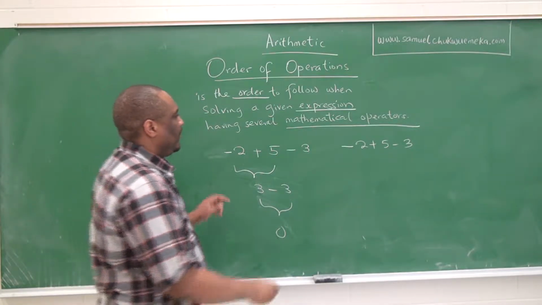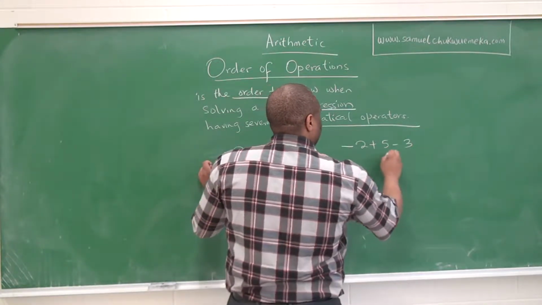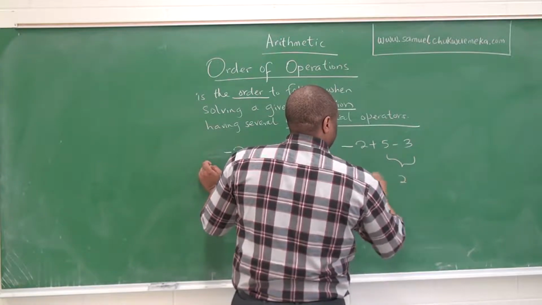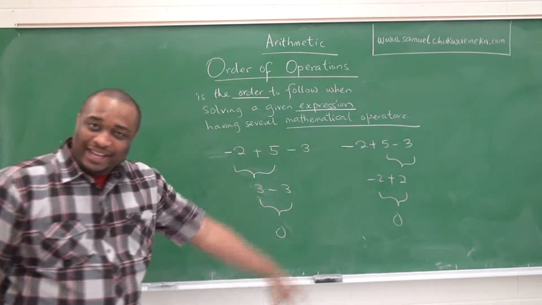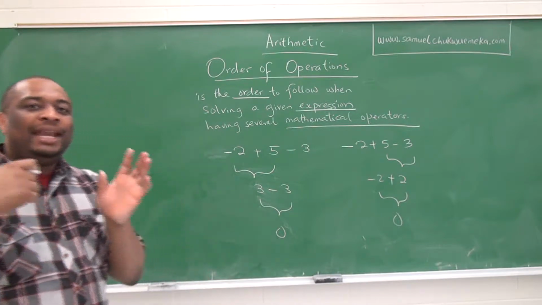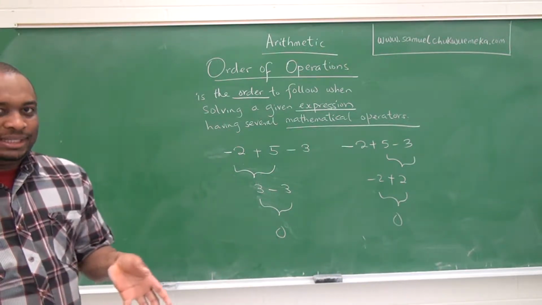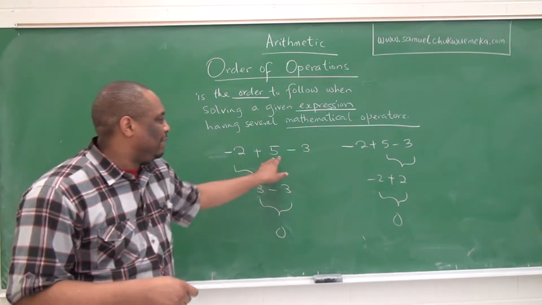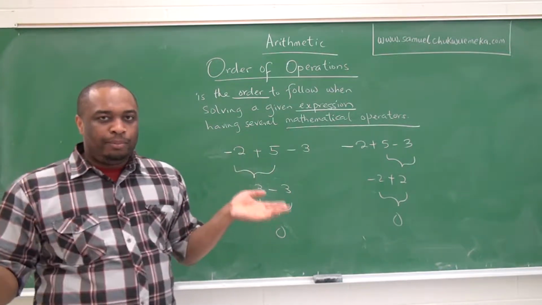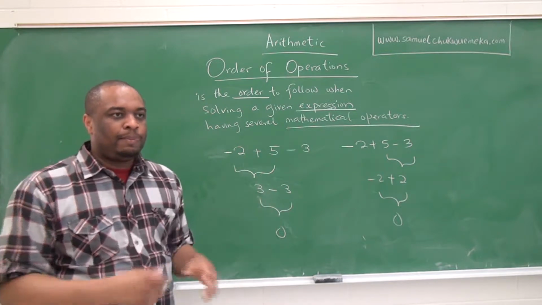And if you do this first, this is 2, negative 2 plus 2, which is 0. You're again lucky this time, but it is not always the case. In this case, it is just a simple example of two operators, plus and minus.